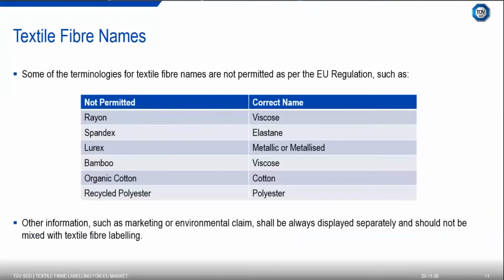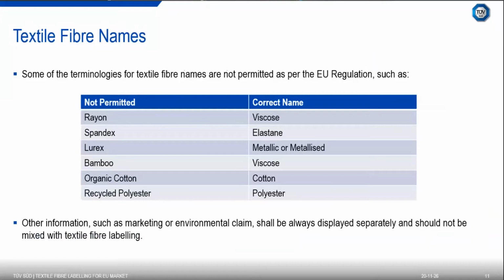On the other hand, the US also accepts viscose. So you have to be very careful while using such terminologies for the European Union market. Like spandex: spandex is not allowed in the European Union. You have to use elastane, but spandex is allowed in the United States.